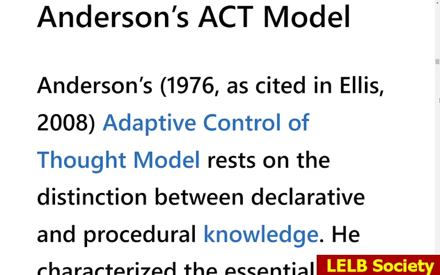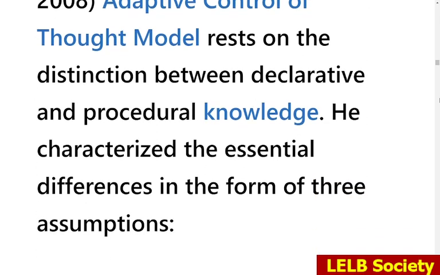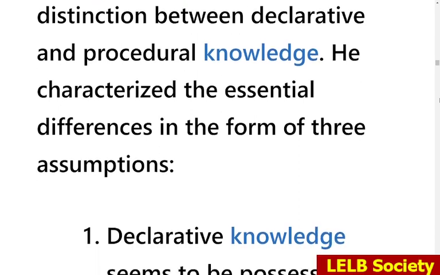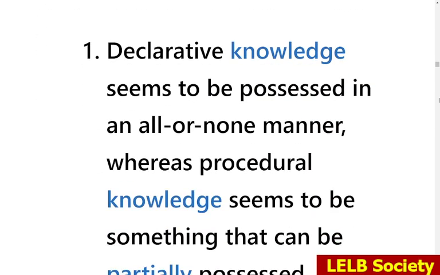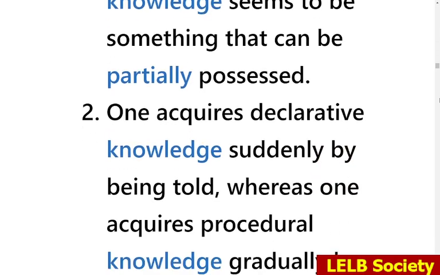Anderson's ACT model. Anderson's 1976, as cited in Ellis 2008, adaptive control of thought model rests on the distinction between declarative and procedural knowledge. He characterized the essential differences in the form of three assumptions. 1. Declarative knowledge seems to be possessed in an all or none manner, whereas procedural knowledge seems to be something that can be partially possessed. 2.